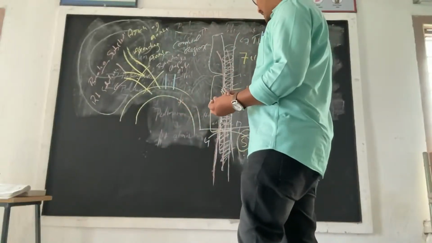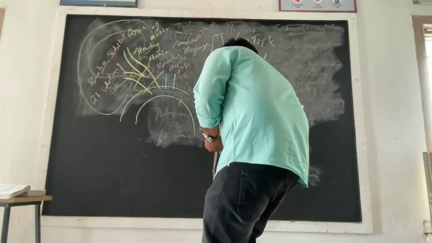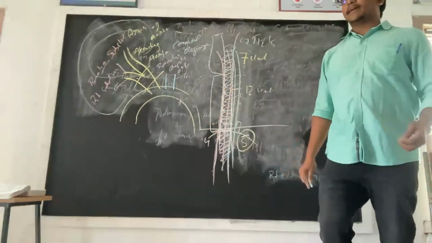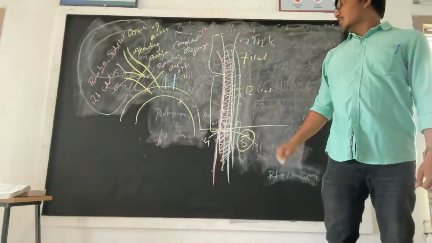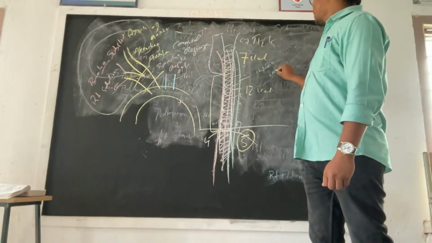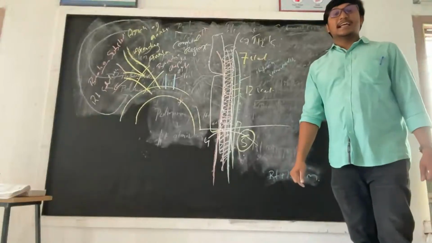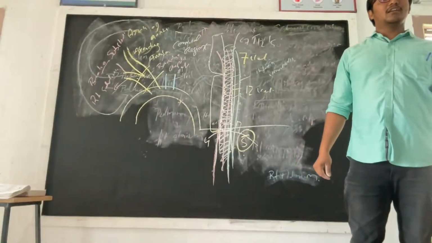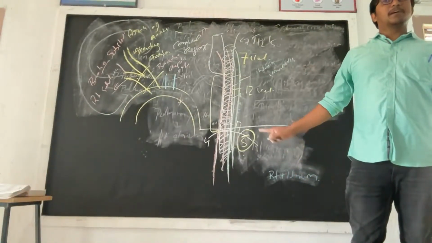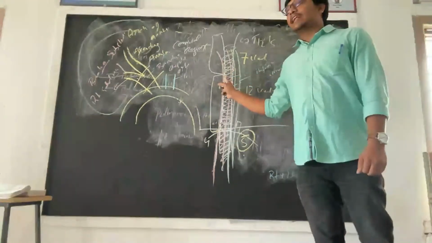Parallelly, the vein is also going. This part is the inferior vena cava. Am I clear? This part is the inferior vena cava. This is the descending aorta.